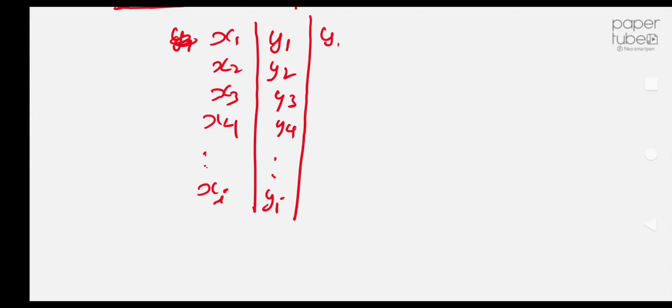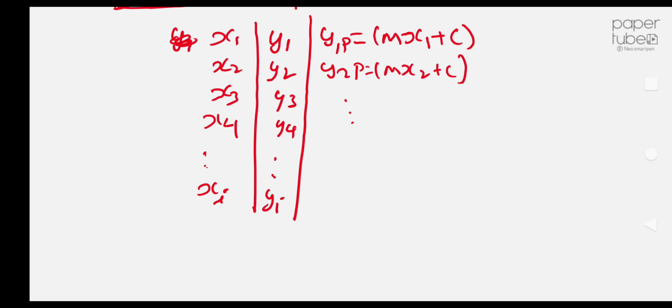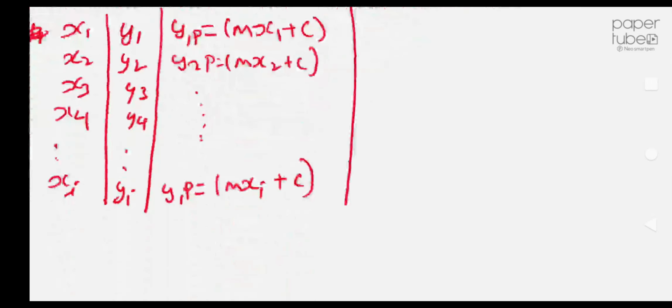So y1 predicted will be equal to m x1 plus c. y2 predicted will be equal to m x2 plus c, and so on. yi predicted will be equal to m x of i plus c. So from here we can calculate the error.